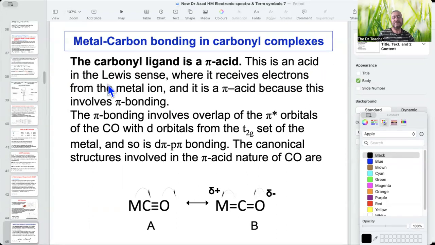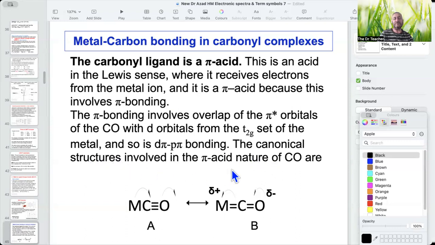Acid in the loose sense receives electrons from the metal ion, and is a pi acid because this involves pi bonding. Overlap between the pi star orbitals of the CO and the d orbitals of the T2G. So there is a d pi to pi bonding.